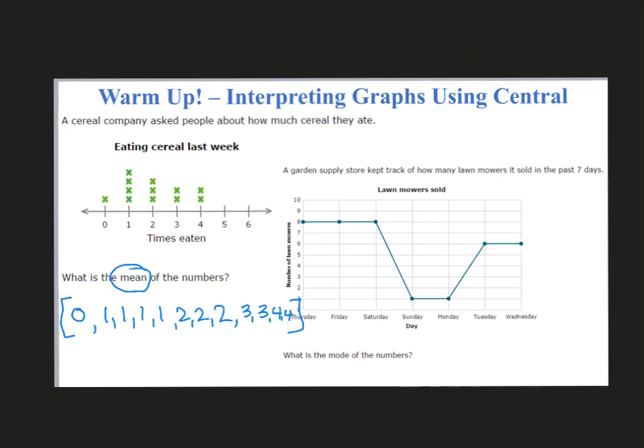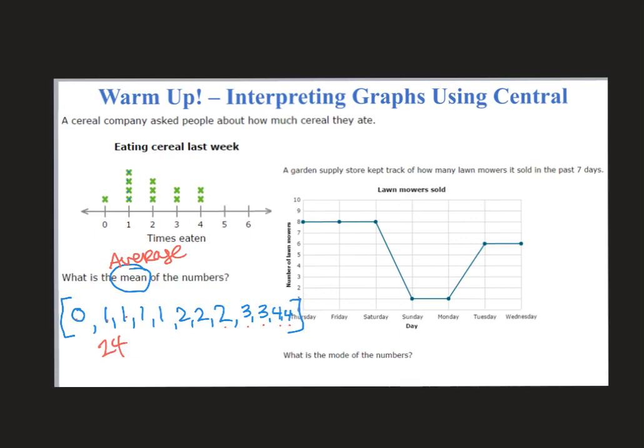Now, another word for mean is average. So you're finding the average. Remember, average is adding them all up and dividing by how many there are. 4 and 4 is 8, plus 3 is 11, plus 3 is 14, 15, 16, 17, 18, 19, 20, 21, 22, 23, 24. So we have 24 when we add it all up.